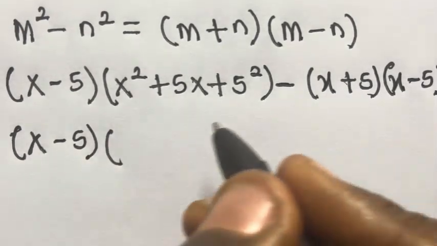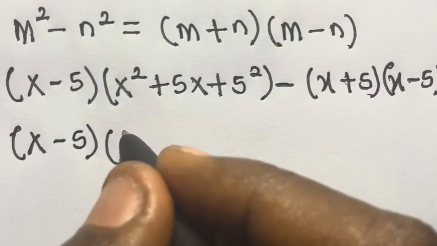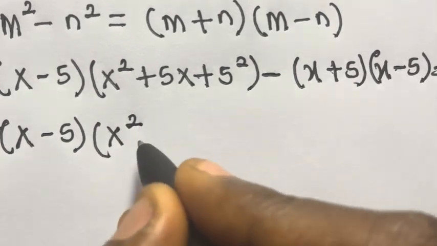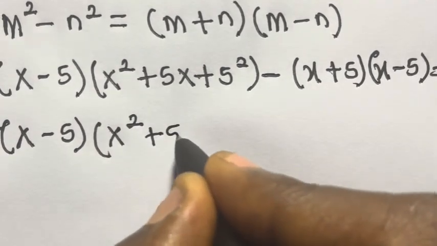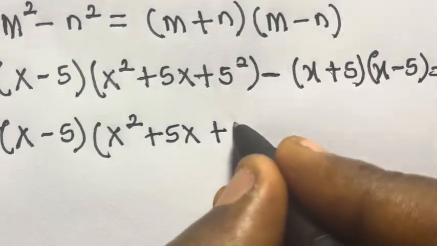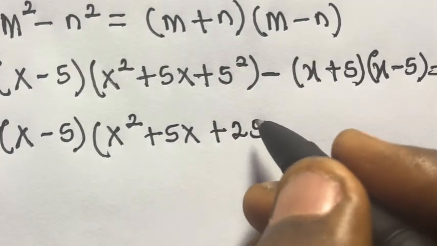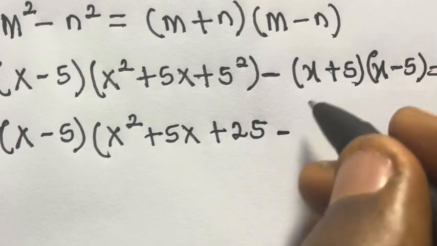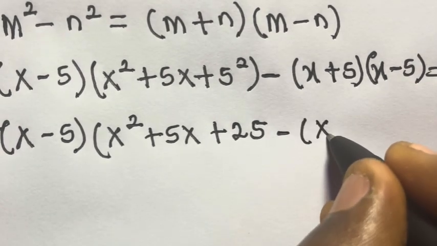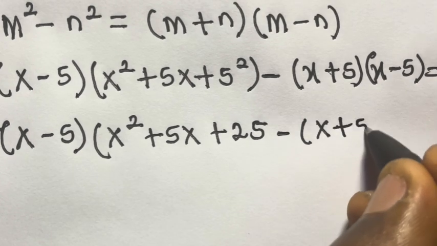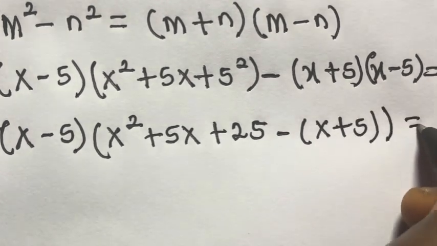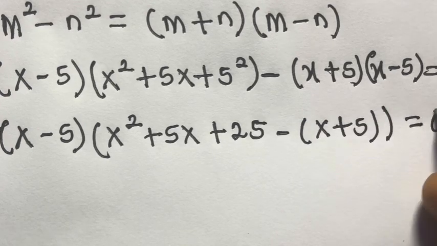If we expand this, we will have x squared plus 5x plus 5 squared, which will give us 25. Then we will have minus, if we expand this one, x plus 5. So this equals 0.